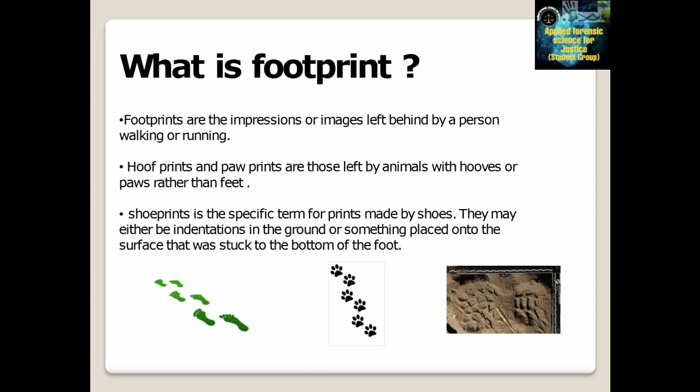Hoof prints and paw prints are those left by animals with hoofs or paws rather than feet. Now see the middle picture. It's an example of a hoof print. Shoe prints. It is a specific term for prints made by shoes. They may be either indentations in the ground or something placed onto the surface that was stuck to the bottom of the foot. Now see the right-hand side picture. It is an example of a shoe print.